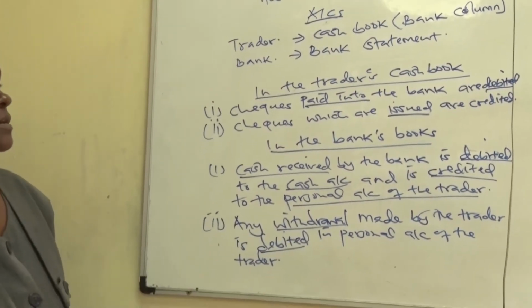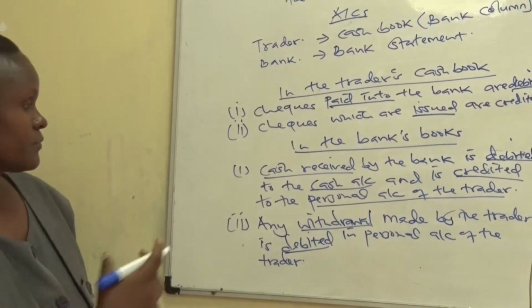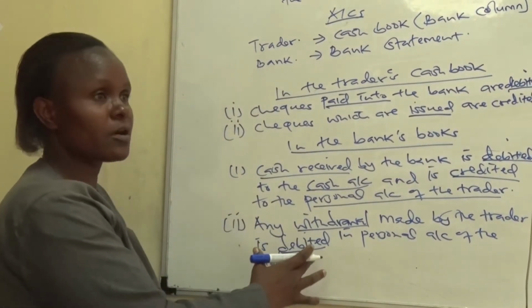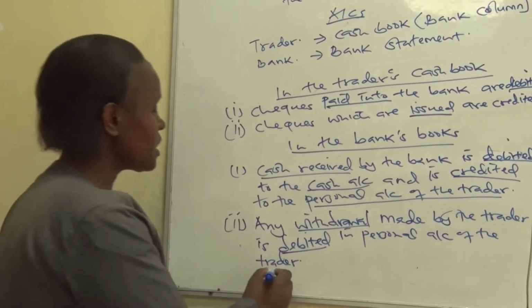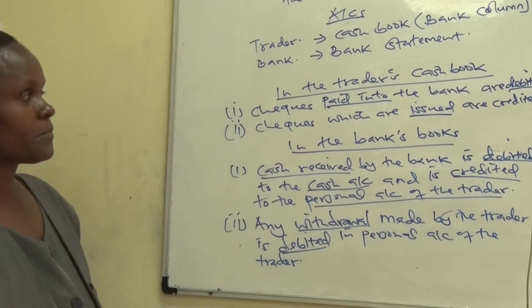So when you withdraw money from the bank, the bank will record on the debit side of your personal account. So the trader is the customer of the bank.